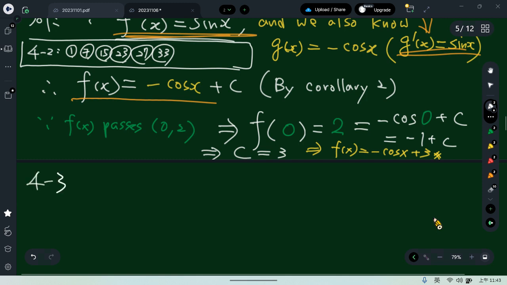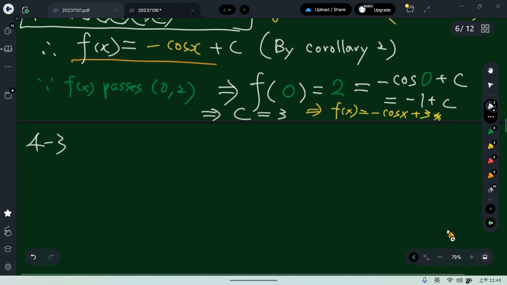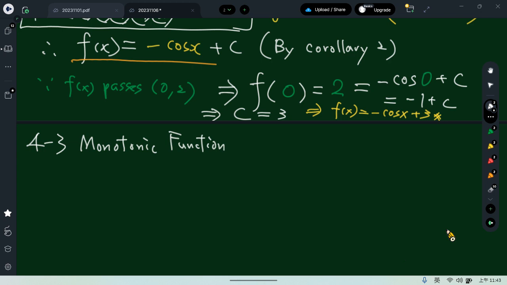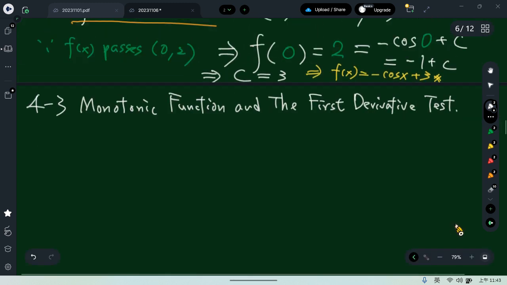Okay, so let's go to section 3, monotonic functions and the first derivative test. So what is a monotonic function?